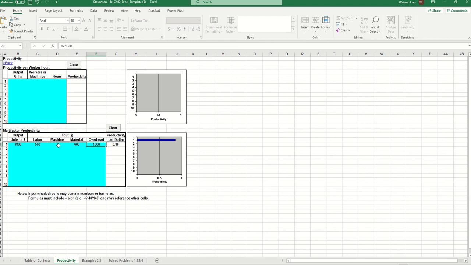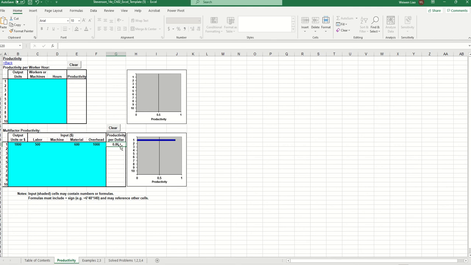Now, remember that after we enter the output and the input data, the Excel will automatically figure out the productivity for you. Right now, all our data are in dollar value. So the 0.86 means for $1 of input here, we have 0.86 dollars as the output.